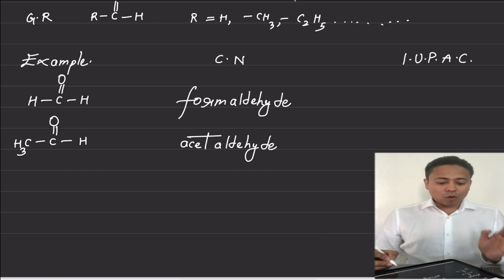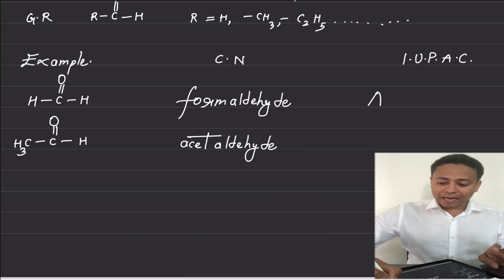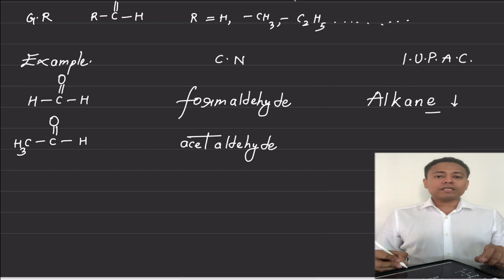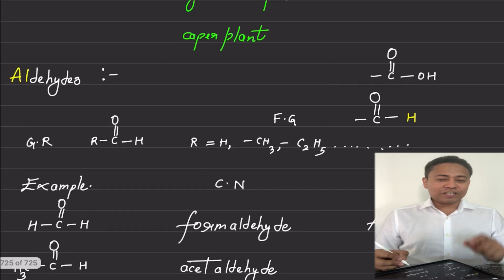IUPAC name. Now when I talk about the IUPAC name of this compound, it is again very simple. It is alkane, as I keep saying, alkane. Alphabet E is to be dropped. Can you remember the initial two alphabets of the class of organic compound that we are learning? Can you recollect that? Initial two alphabets, can you see?